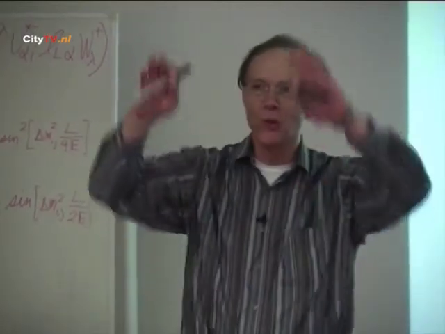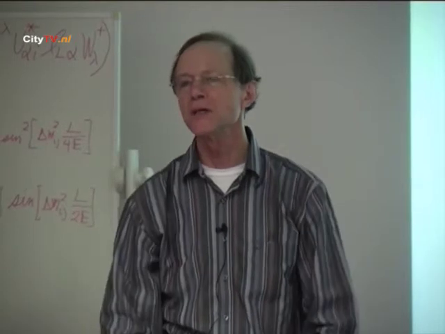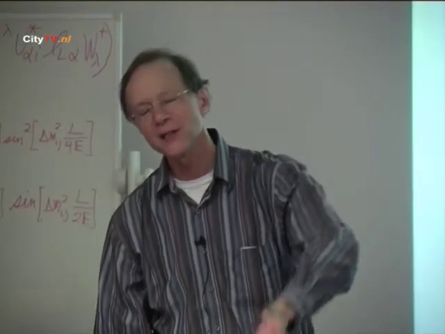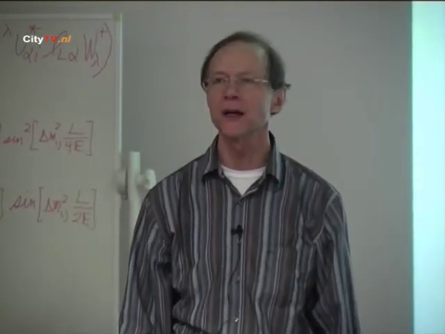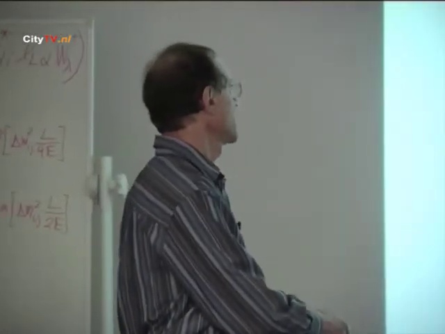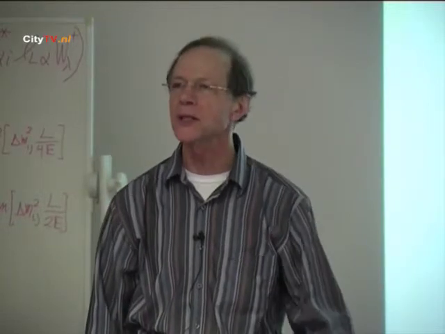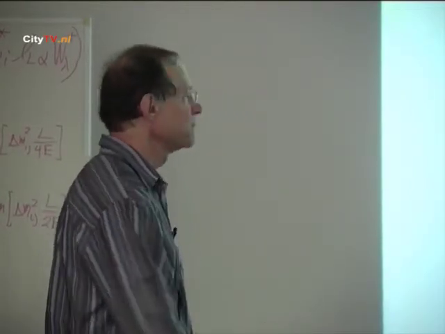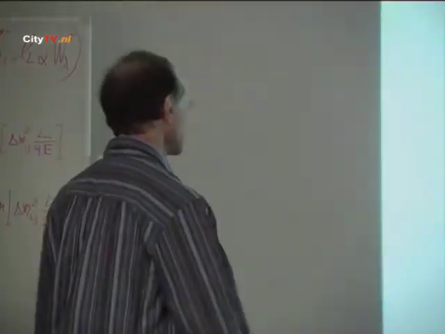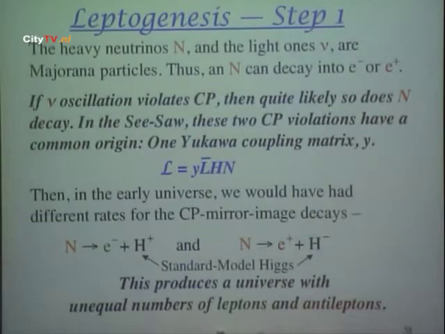Before the universe cooled through about 100 GeV, where the Higgs vacuum expectation value turned on, this particle was just a member of the Higgs doublet, and the W boson didn't have any mass at all. So at the time I'm talking about, that's an ordinary particle, and it's available for this decay.